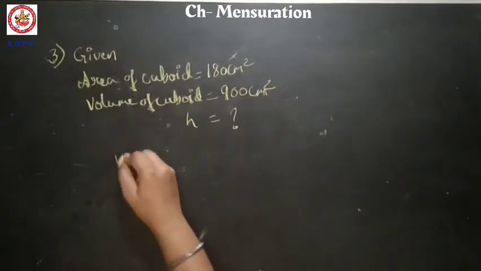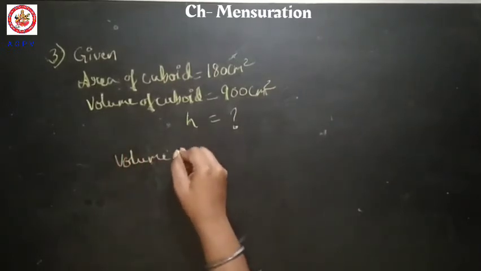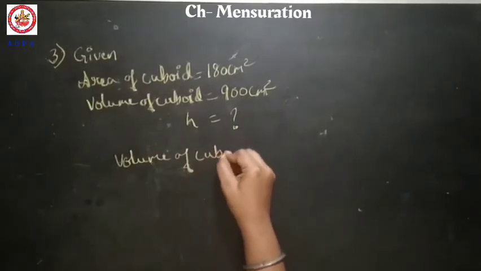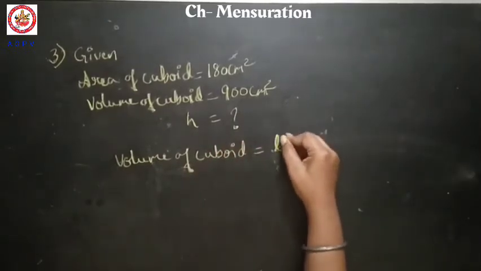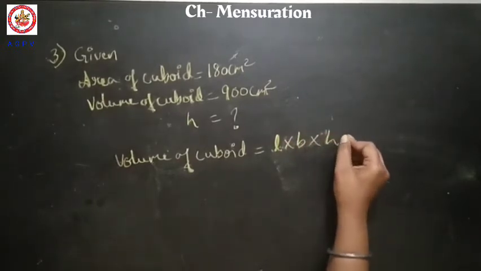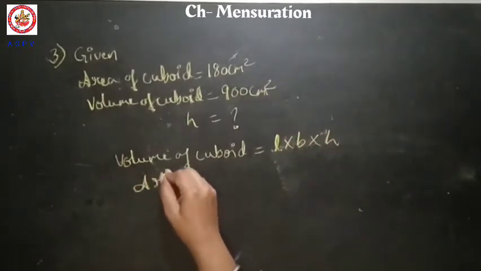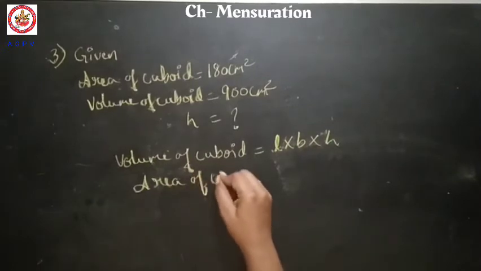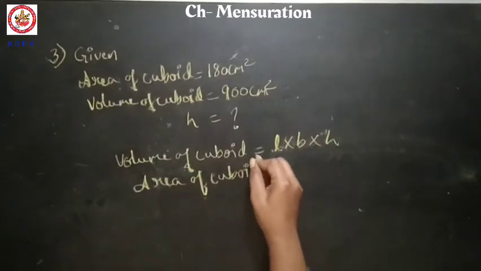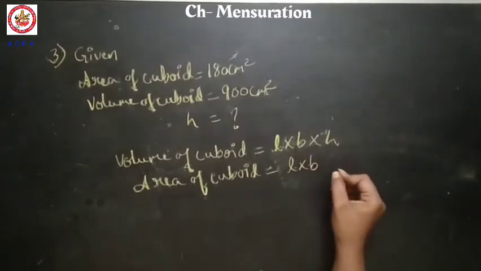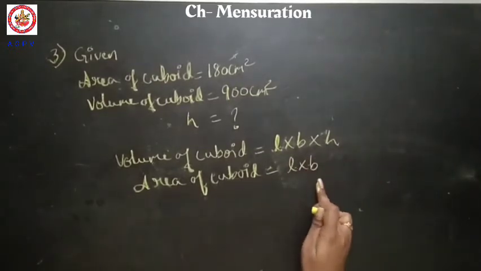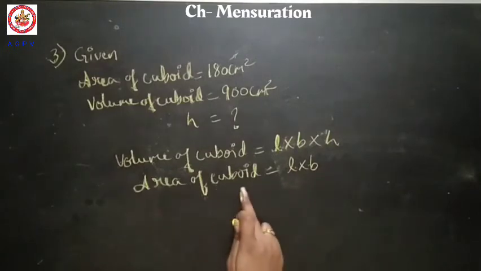Now volume of cuboid is equal to L into B into H. Now area of cuboid, the formula of area of a cuboid is length into breadth. So here, length into breadth will be equal to area of a cuboid.